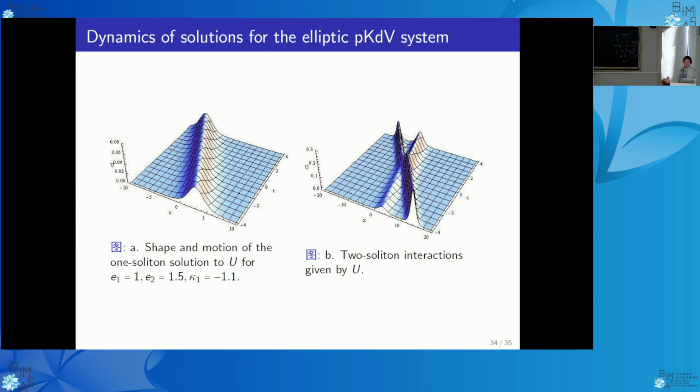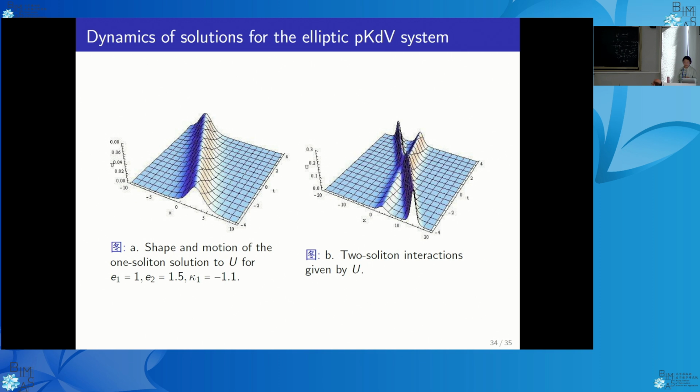Here are the pictures of the solutions. The first one is about the solution we just saw. So we draw the solution in the real form by considering J2 and J3 are real, and kappa 1 should be real or pure imaginary.